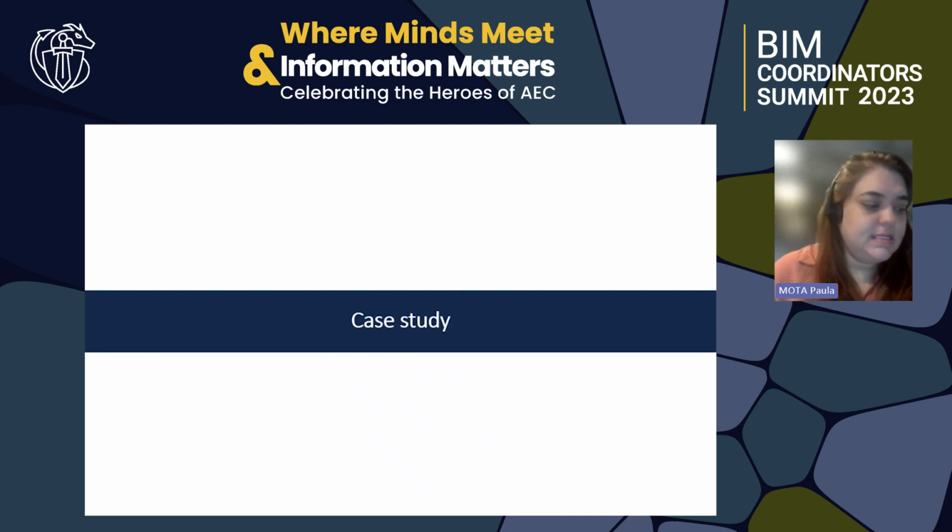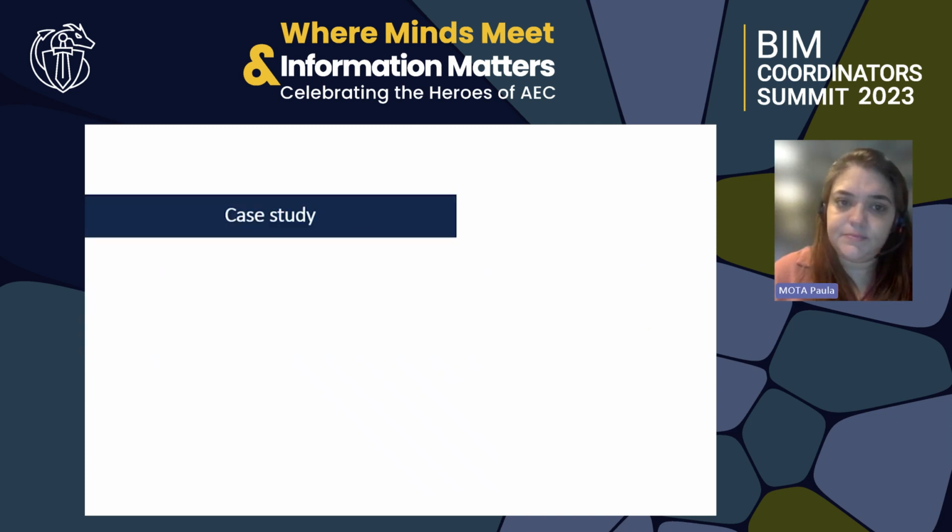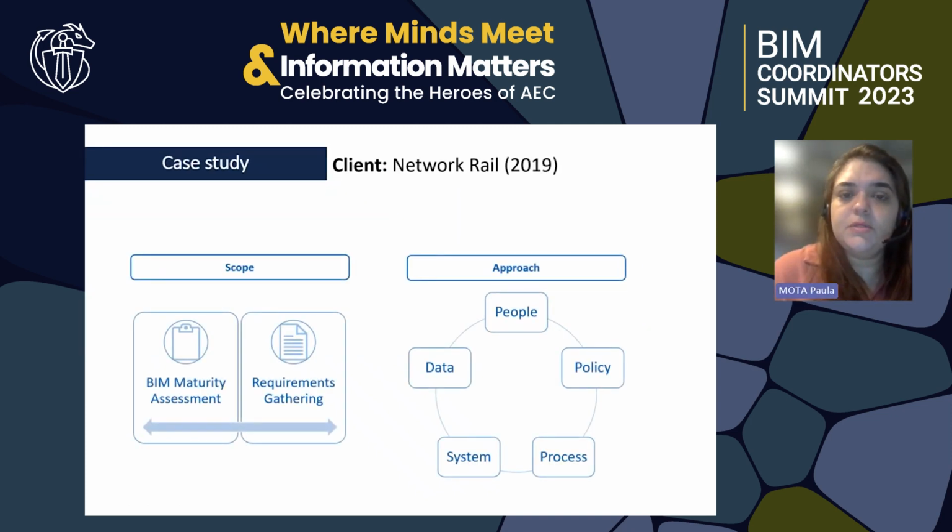So regarding the case study, our client was Network Rail. This study was applied in 2019. Our scope basically was to discover the BIM maturity for the project that we worked on at the time, and what more we could do to help them achieve better stages.